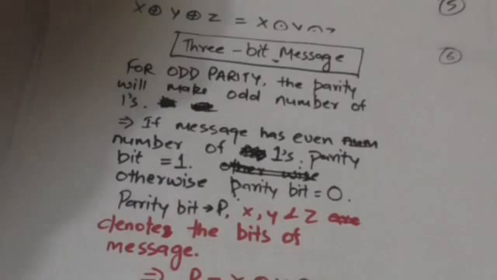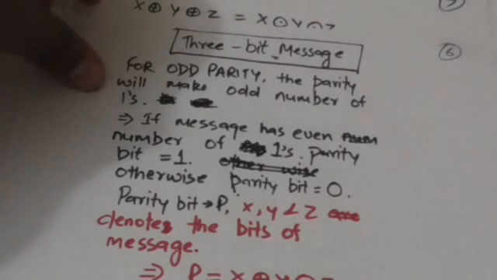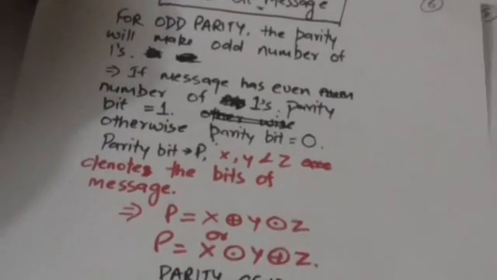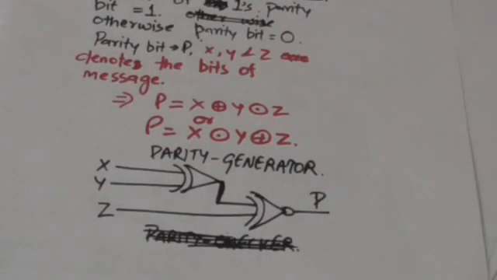Otherwise, the parity bit should be equal to 0. Now let P be the parity bit. X, Y and Z denote the bits of message. Inputs of the parity generator should be the bits of message, and the output of the parity generator is the parity bit.